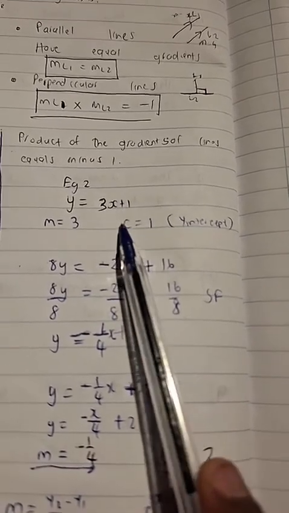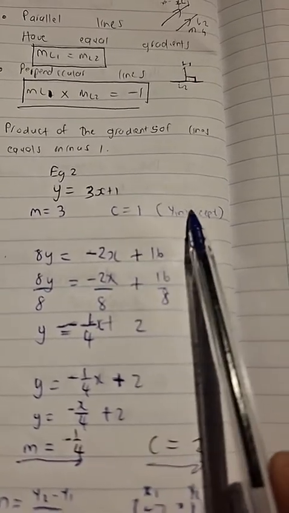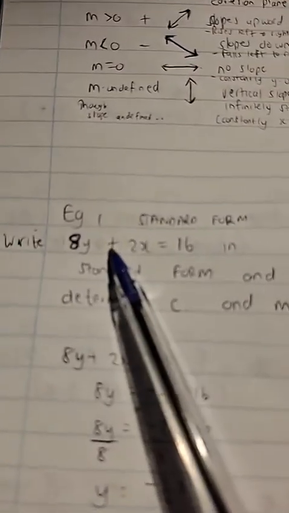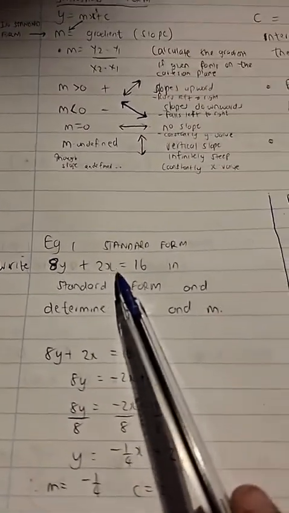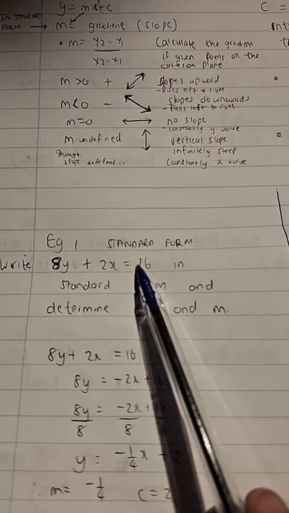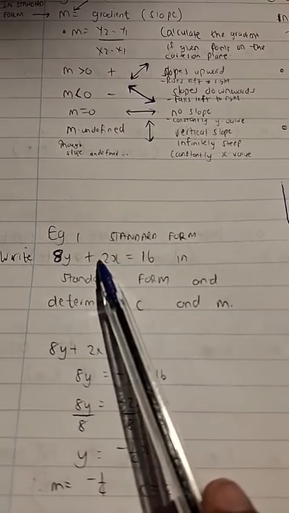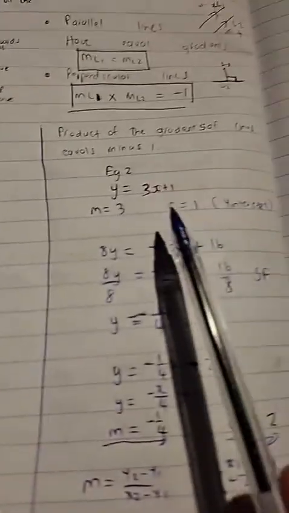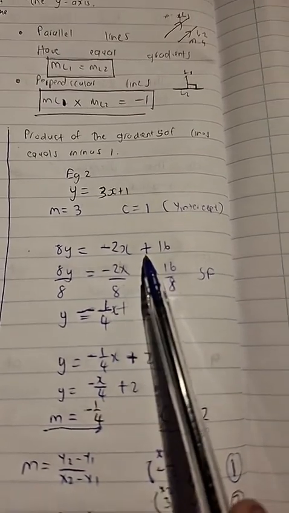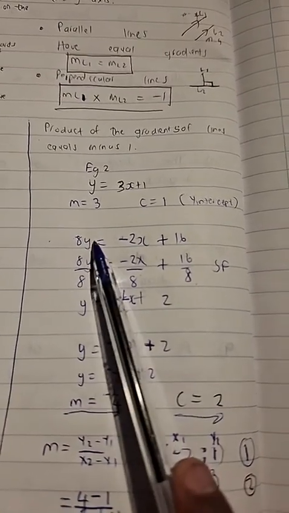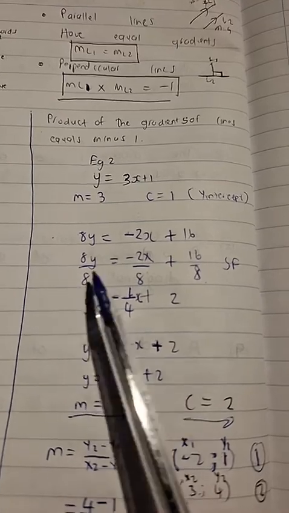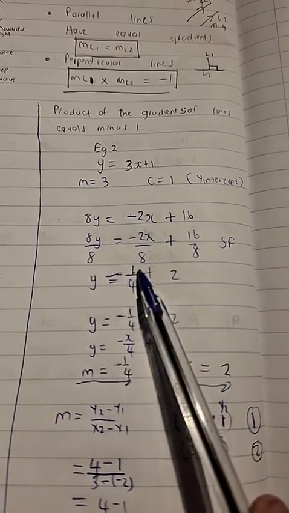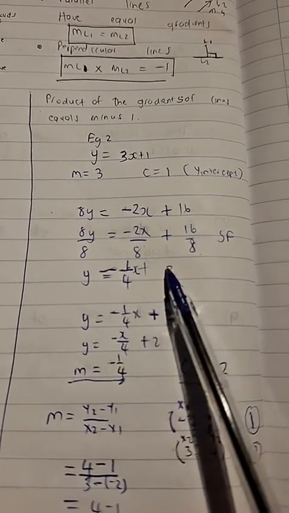C is the y-intercept, so c is equal to 1. That would be our y-intercept. We had this function. We quickly saw that this one doesn't have a standard form. Okay, it's not in standard form at the moment. So that means we need to take the 2x over, and when we do look at this, we get -2x plus 16. We then divide by the coefficient of y, which is 8, for all three terms here, so that we get y is equal to -1 over 4x plus 2.